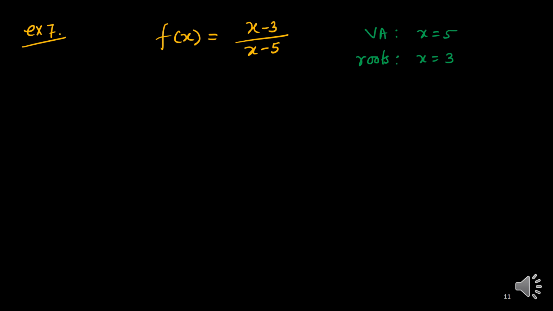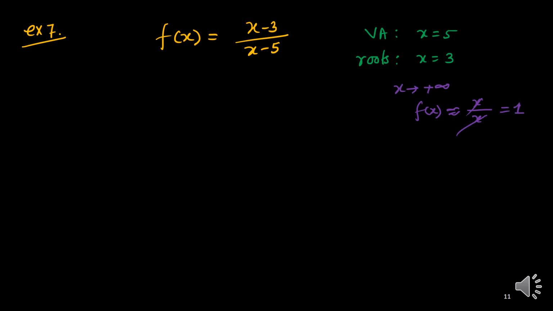One thing you can note is that as x is approaching to positive infinity, what is happening to f of x? This time what I can write, this is almost equal to, so 3 I can ignore and 5 I can ignore because x is very large, then 3 is negligibly small. So this is your x, simply ignoring 3. This is also x, will cancel and it will become 1.